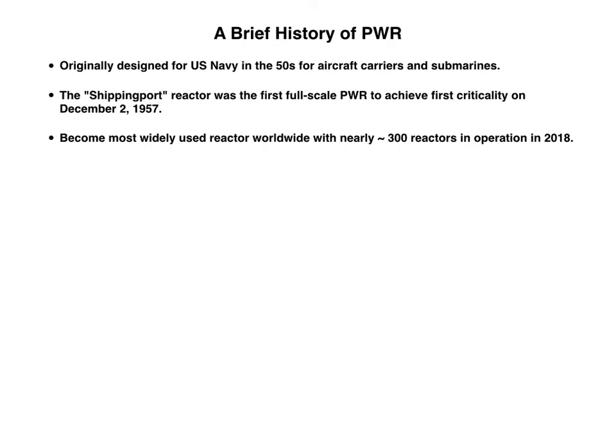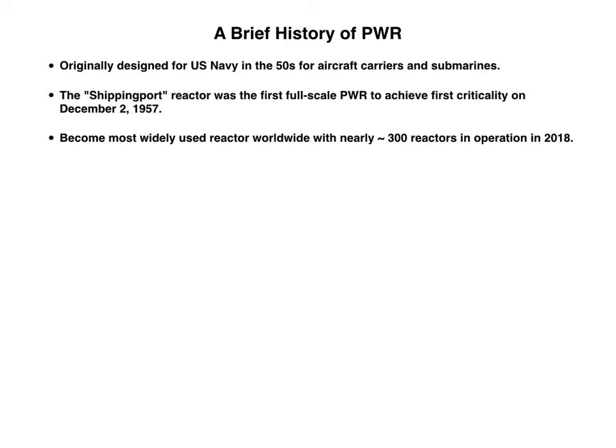Next, we will talk about the history of the pressurized water reactor. Originally designed for the US Navy in the 50s to power aircraft carriers and submarines. The Shippingport reactor was the first full-scale pressurized water reactor to achieve first criticality, on December 2, 1957.